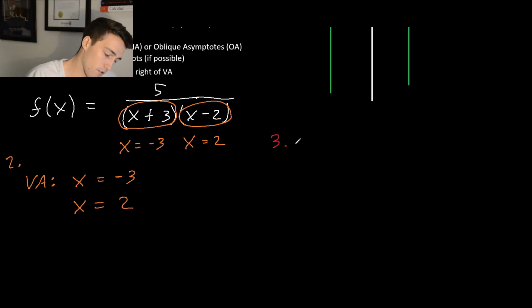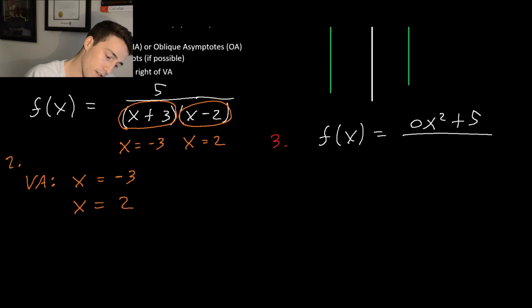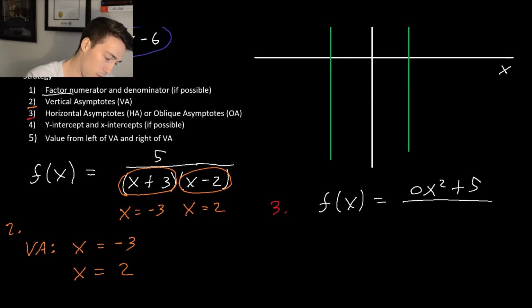For horizontal asymptotes, what we're doing is we're taking the ratio of the leading coefficient of the numerator and the denominator. So in this situation, I'm going to rewrite the function as f of x equals 0x squared plus 5. And then I'm going to go back to our original form, where it's x squared plus x minus 6.